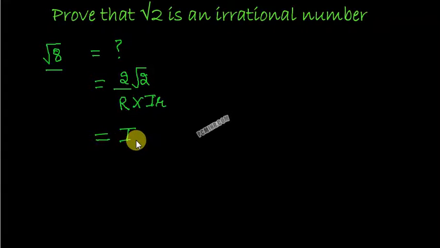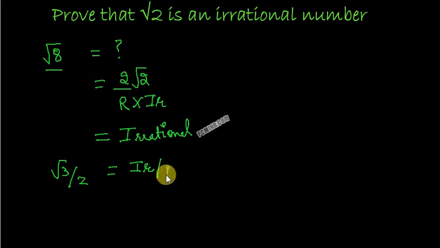So that means your square root 8 is an irrational number. Similarly, if I ask you, what about square root 3 upon 2? Though 2 is a rational number, dividing an irrational number by a rational number would again give you an irrational number. That means an irrational number on multiplication by a rational number would result in an irrational number.